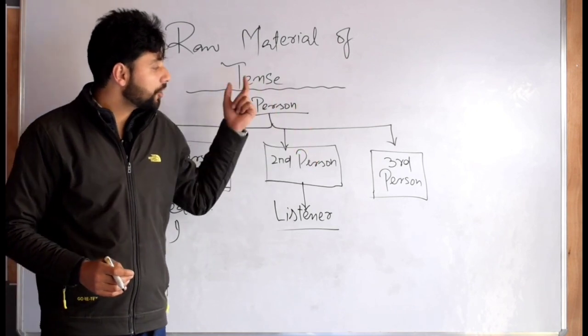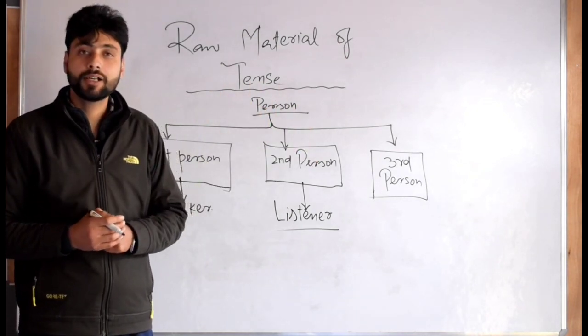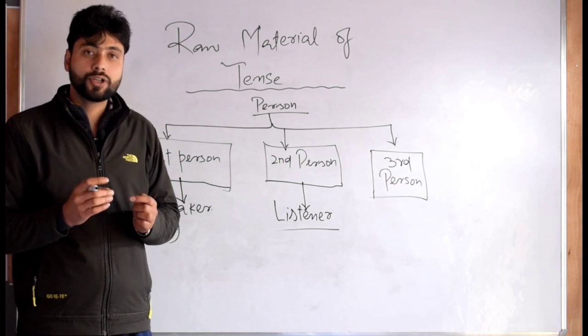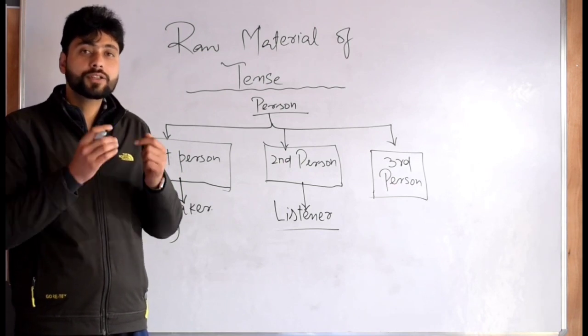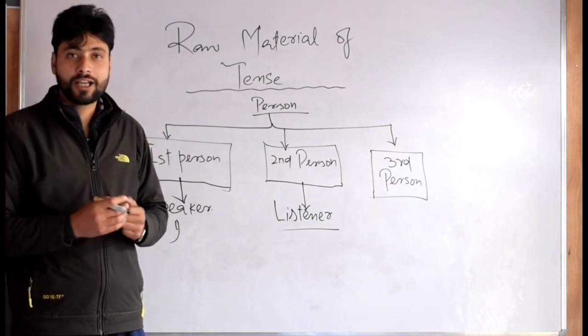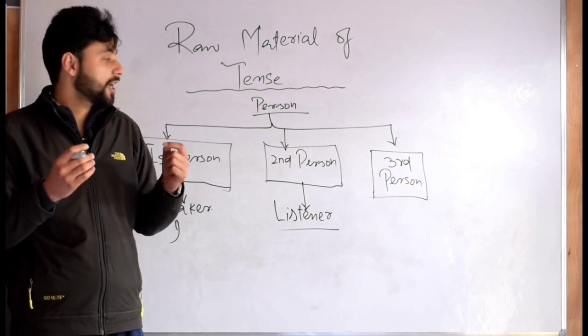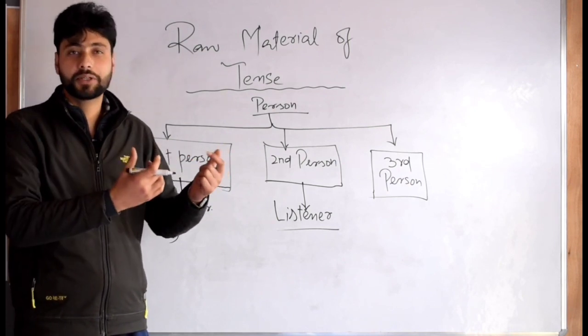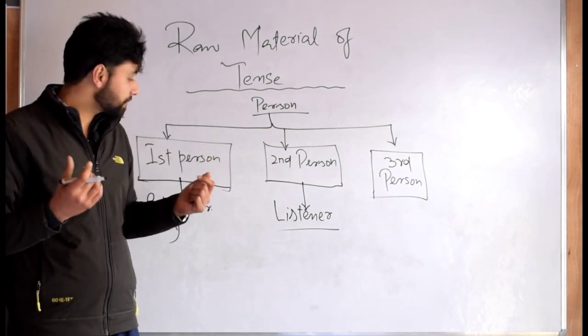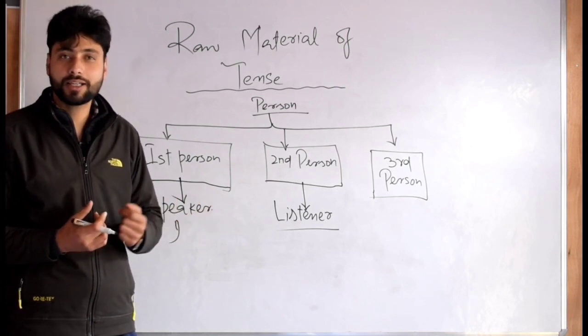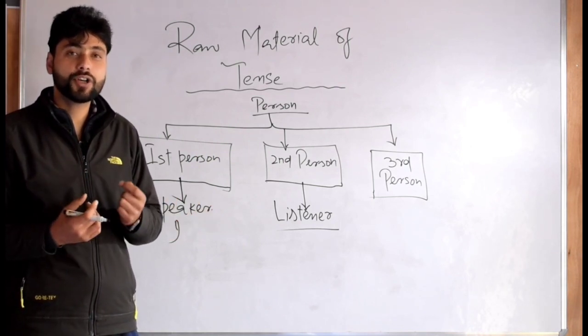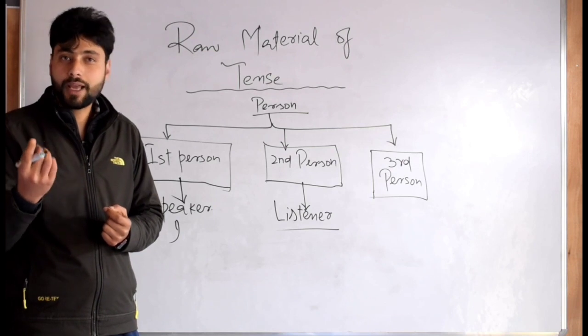What is or who is third person? The person who is being talked about. We are talking about John. John becomes third person. I was providing you an example a while ago. I was saying that John was playing.